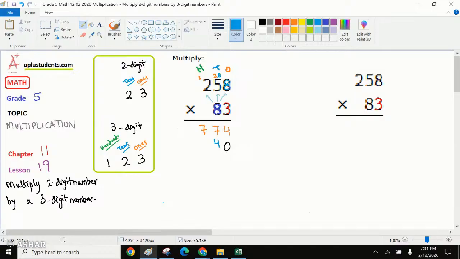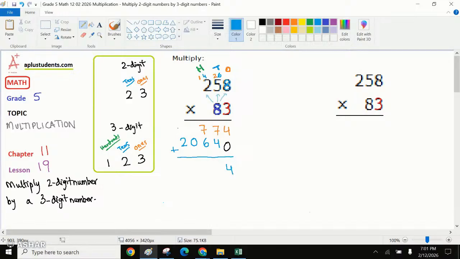We carry the 6. 8 multiplied by 5 is 40, plus 6 is 46. We carry the 4. 8 multiplied by 2 is 16, plus 4 is 20, right?